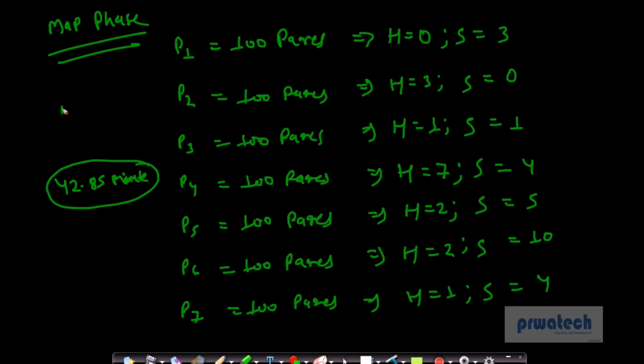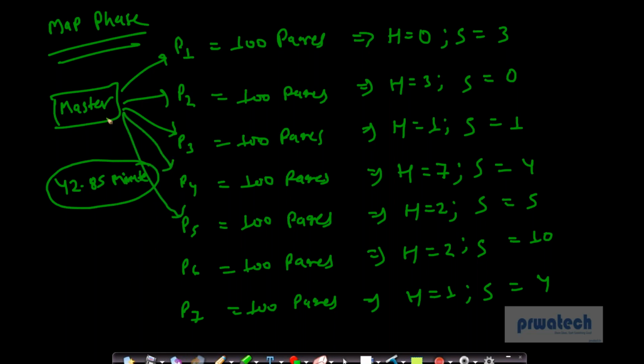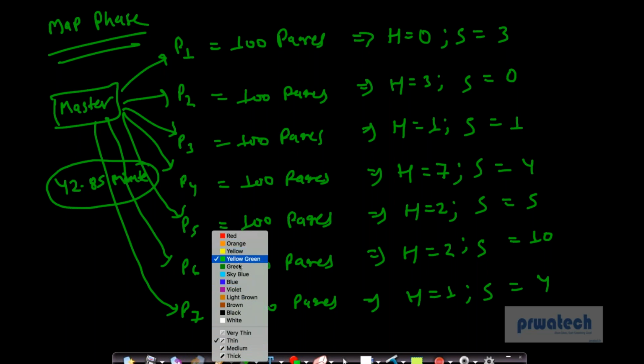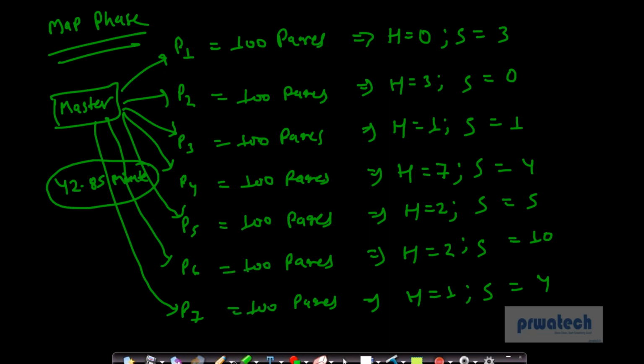So there's a master who has given this task to all these people. Once this is done, how do I know they have completed the task successfully or not? So obviously they acknowledge back individually: yes, we have completed this task. All acknowledgements will go from P1 to P7 to the master.